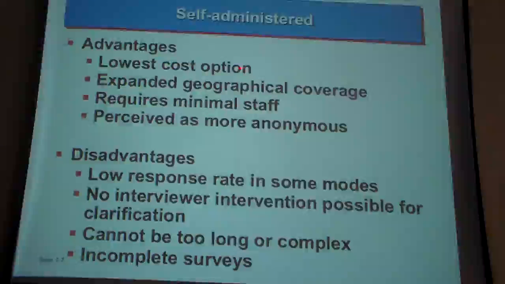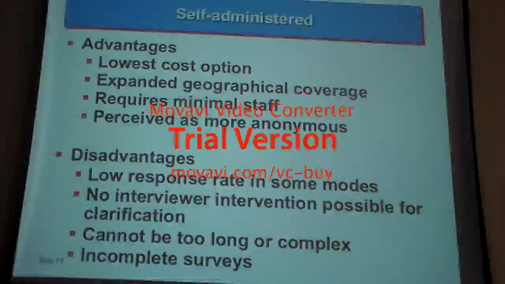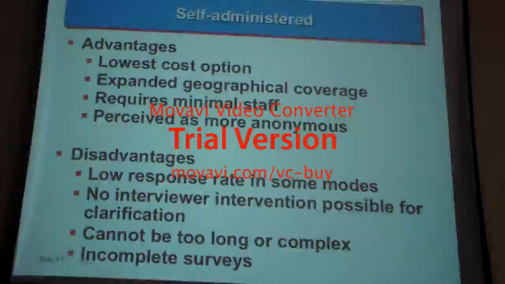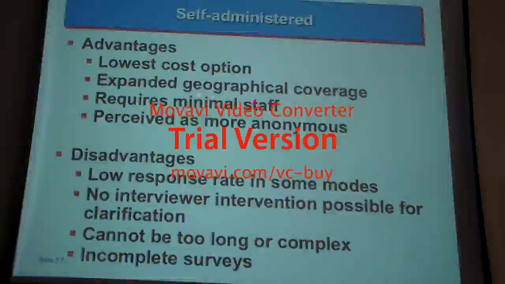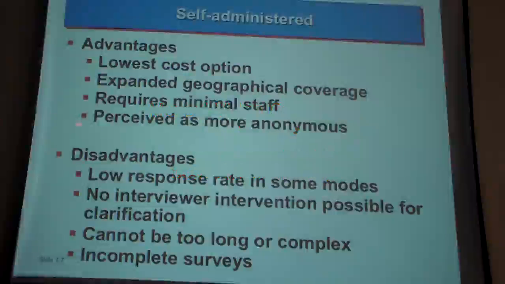The advantage is the lowest cost option, because you just send by email or by mail. Expanded geographical coverage, so you don't have a problem to travel. Requires minimal staff. You don't need staff to go and do the interview.